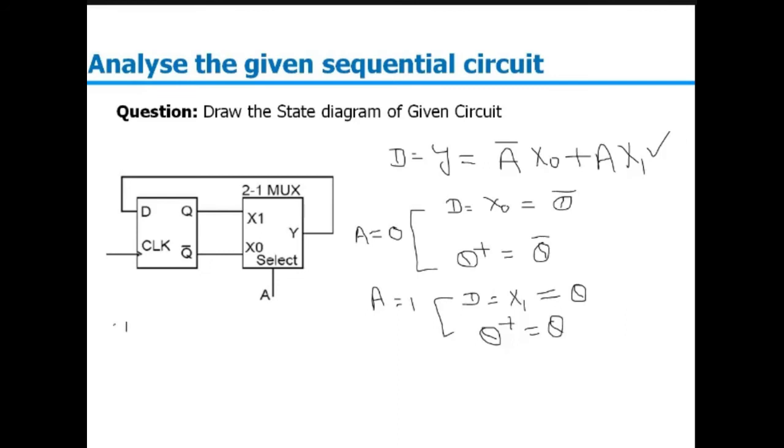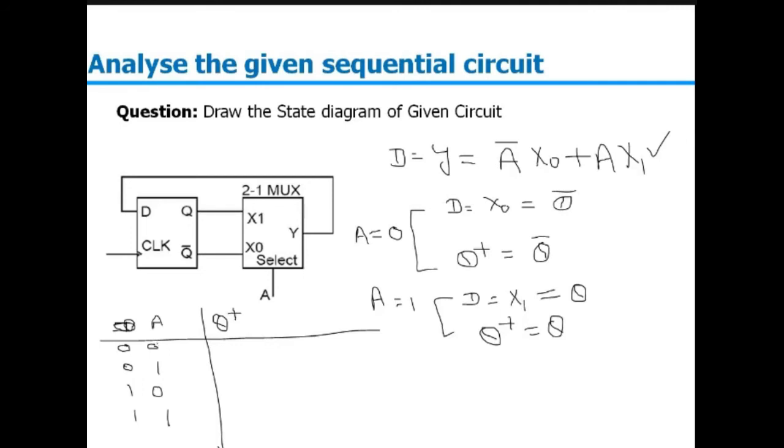We have one external input, one internal input. Draw the table. Q and A. A is my external input. So it will be 0 0, 0 1, 1 0, and 1 1. Next state will be Q plus, and we don't have any output.